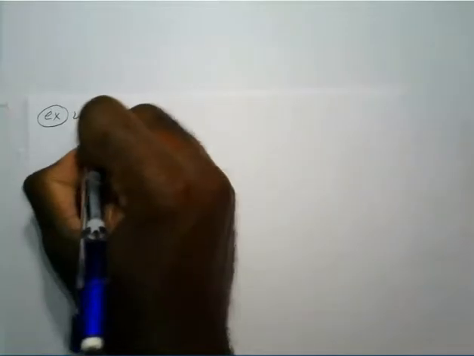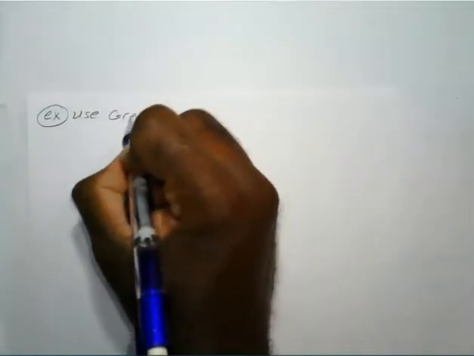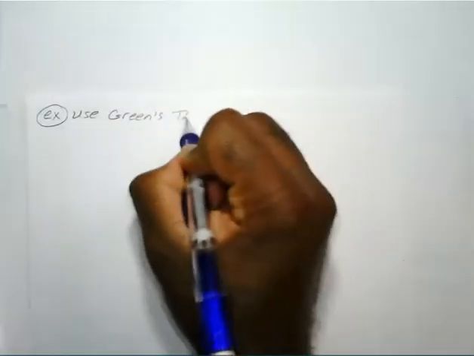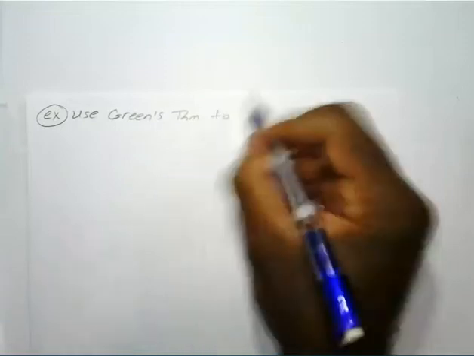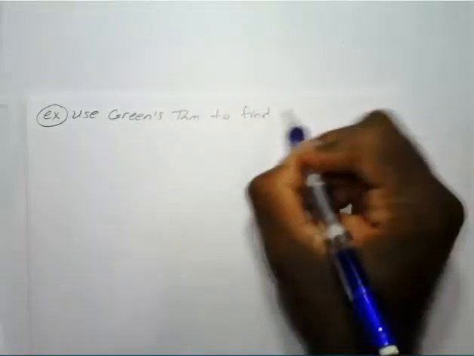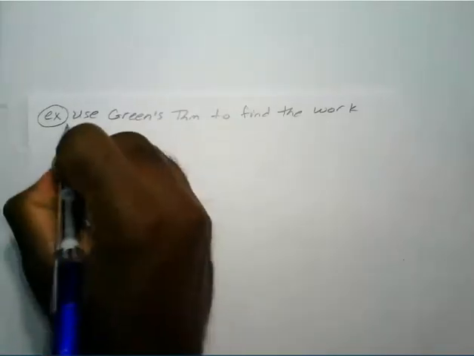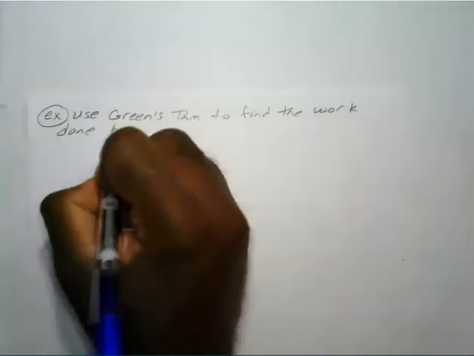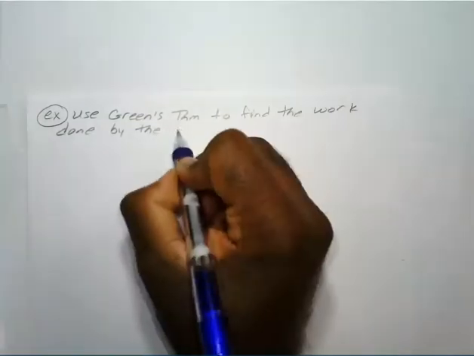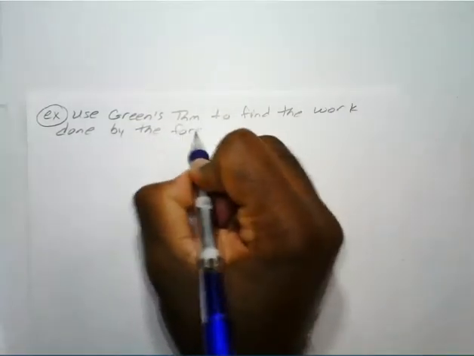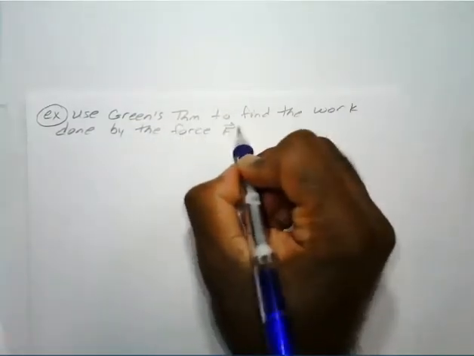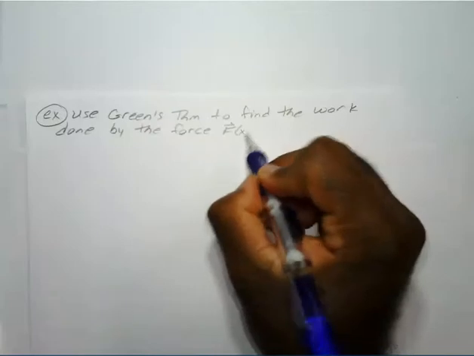Alright, so let's say, for example, we want to use Green's theorem to find the work done by the force, and our force will be our vector field.